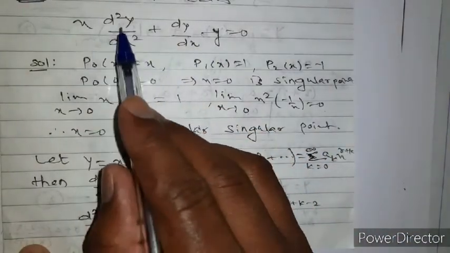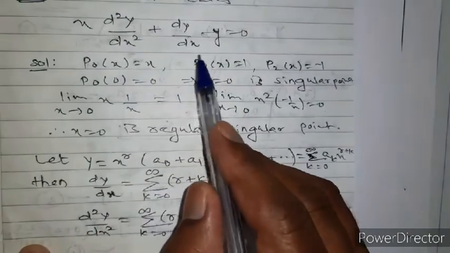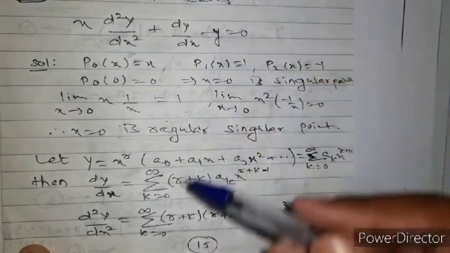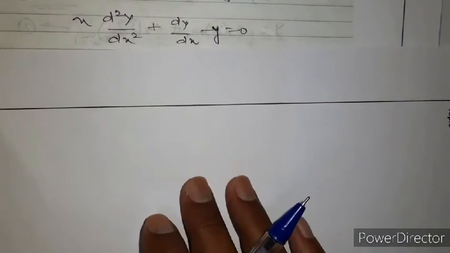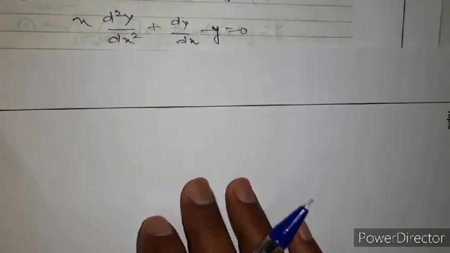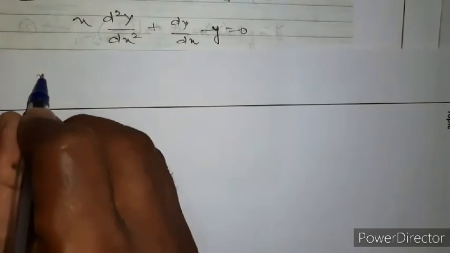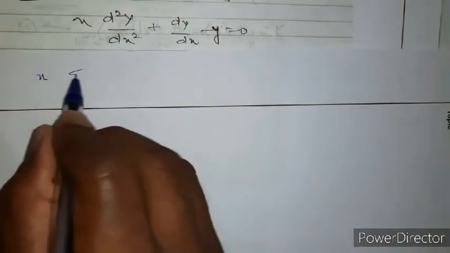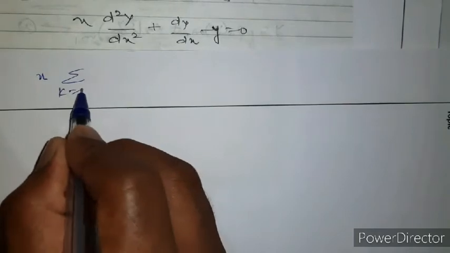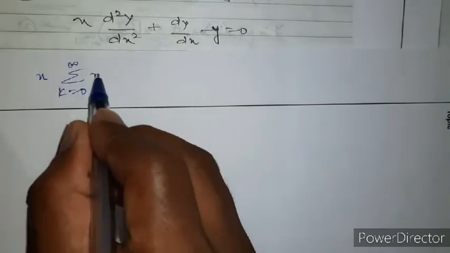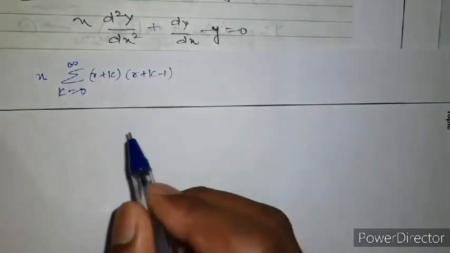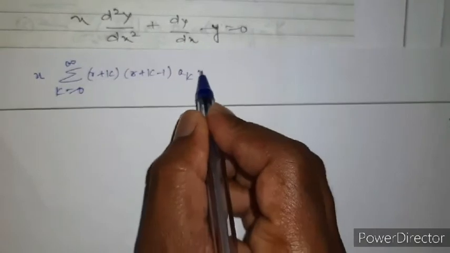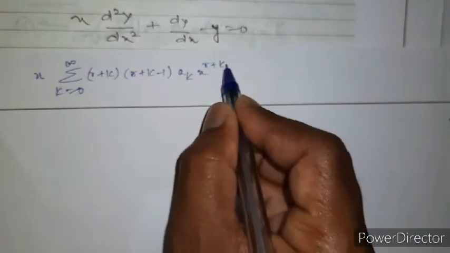Your given equation is x d²y/dx² + dy/dx − y = 0. So in this we are going to substitute all this series: y, dy/dx, d²y/dx². Let us do the calculation together. So here x into d²y/dx², that is summation k equal to 0 to infinity (r plus k)(r plus k minus 1) a_k x raised to r plus k minus 2.